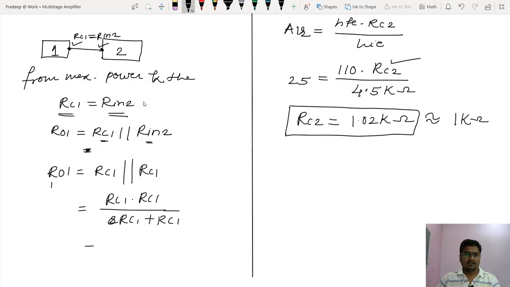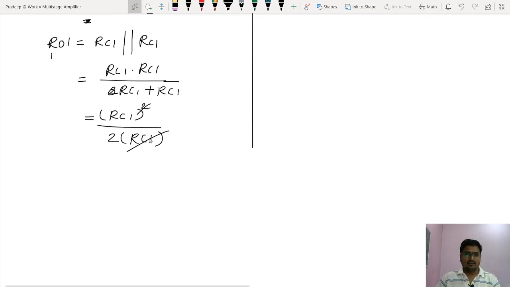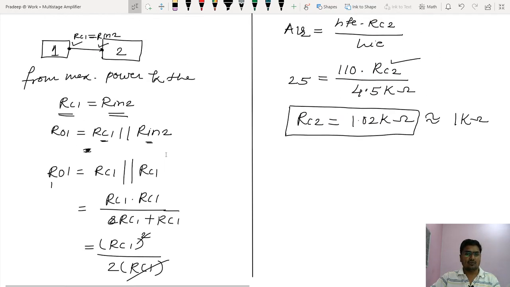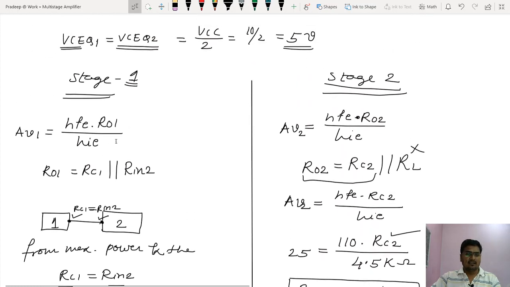It is RC1 squared divided by twice RC1. I can cancel this and this. Finally, the equation for RO1 is RC1 divided by 2. So this is my RO1. Now this value I will put in the equation of gain that I wrote at the start, that is HFE RO1 divided by HIE.